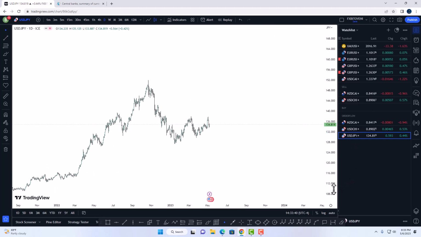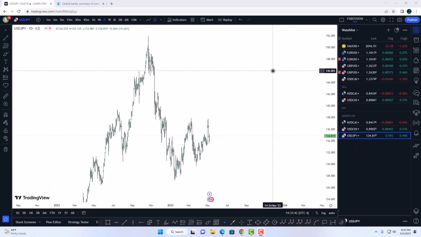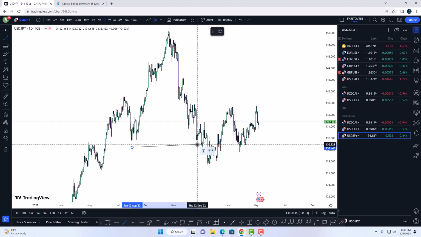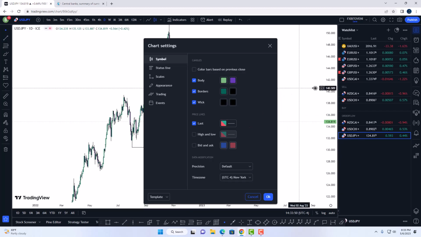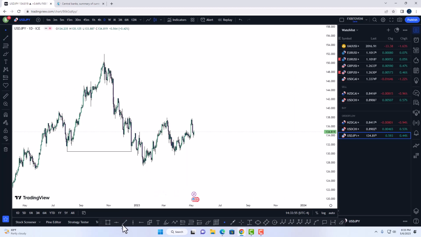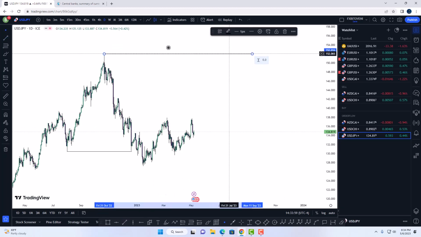So back to analysis. It's very simple. You know you've got what? You've got a bearish range. And then this is the high.